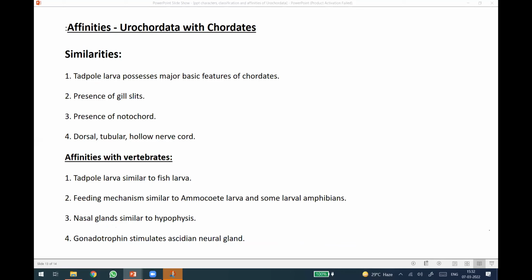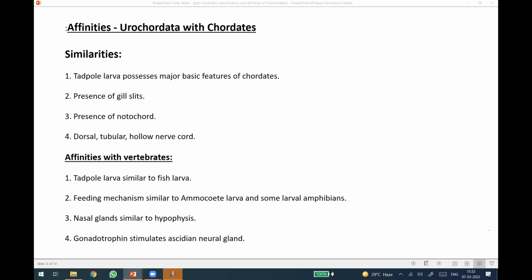But dissimilarities were mostly lying in the adult forms, which is, the adult Urochordata is not in any way comparable with the Branchiostoma or the adult Cephalochordata. So finally, that view also has been discarded, and they have been kept into another separate group, that is Urochordata.